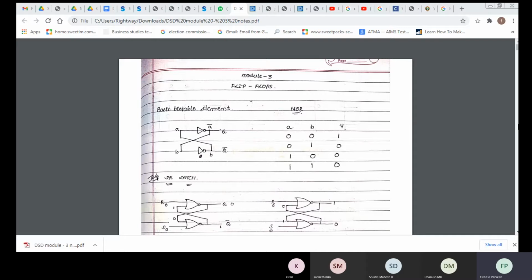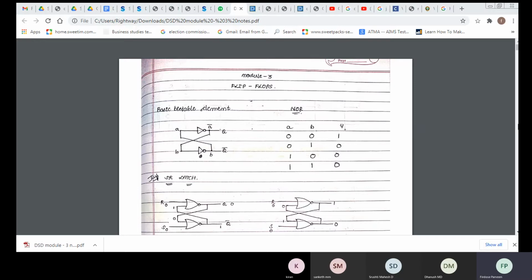Combinational circuits, as I have told before, are circuits whose output at any given time depends only on the inputs at that same time. Those are called combinational circuits, whereas it is not the same for sequential circuits. In sequential circuits, the output depends on the input at that time as well as on the earlier inputs.